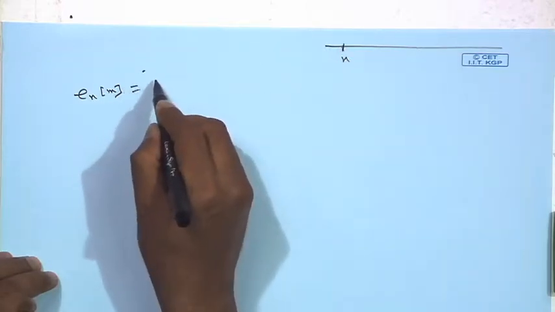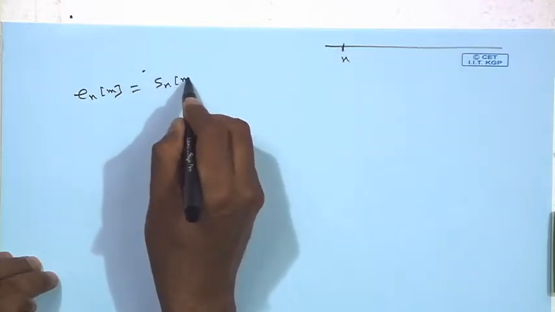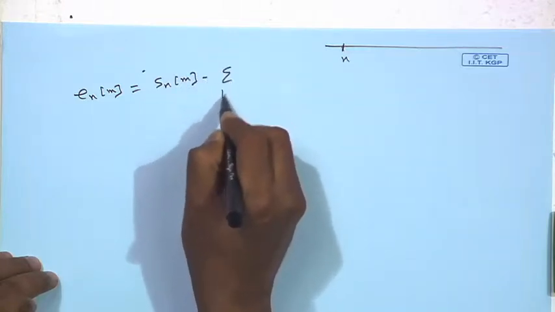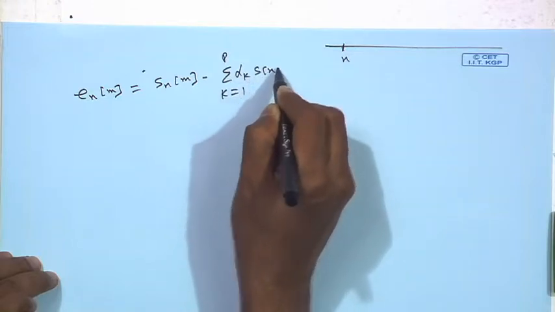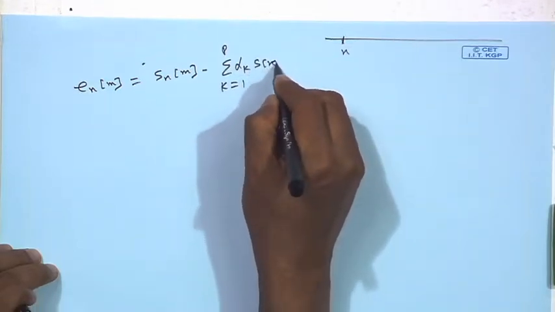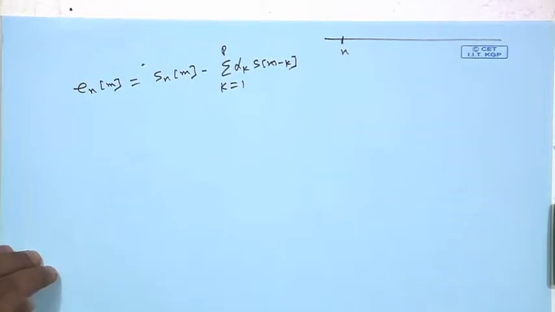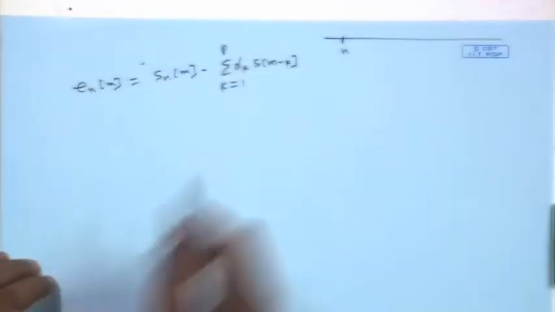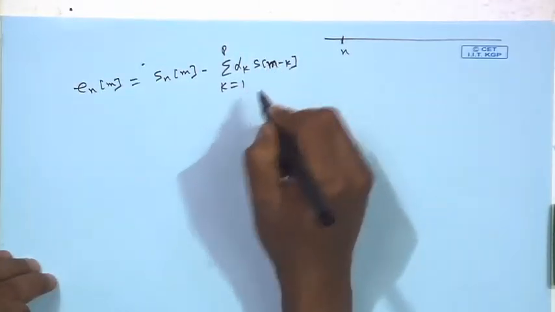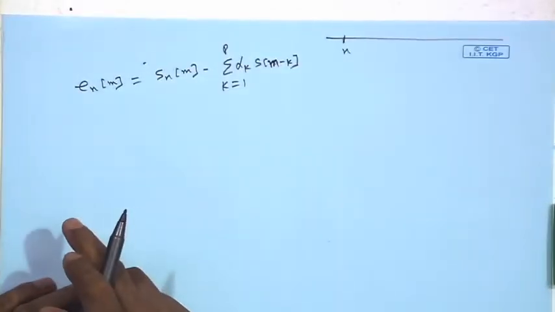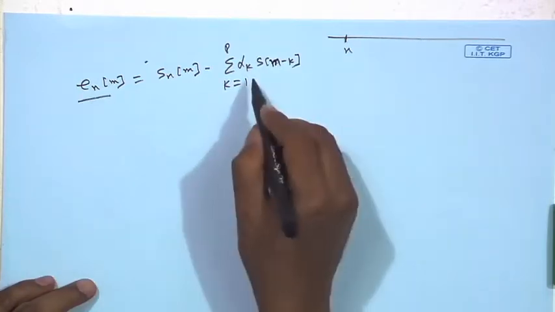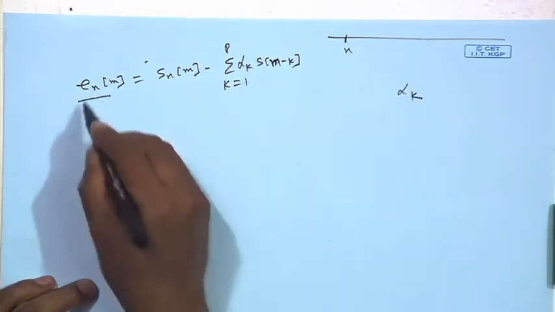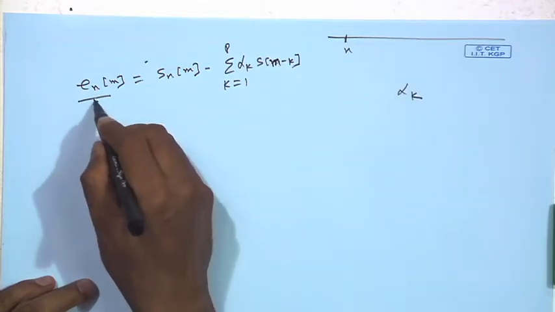E n m is nothing but s n m minus the sum over k equal to 1 to p of alpha k s of m minus k. I know the error, so I have to find the set of alpha k for which this error is minimum.